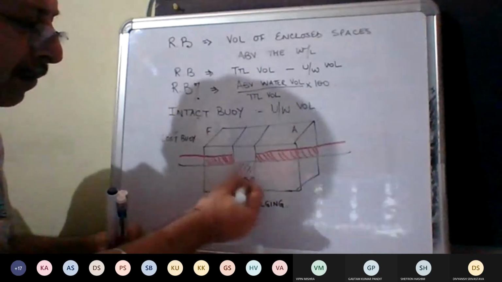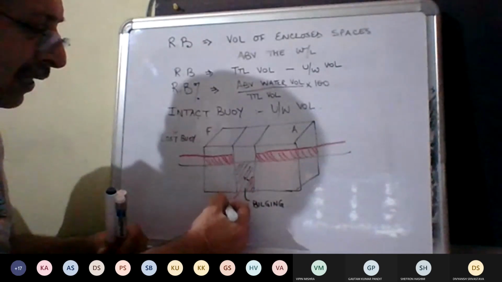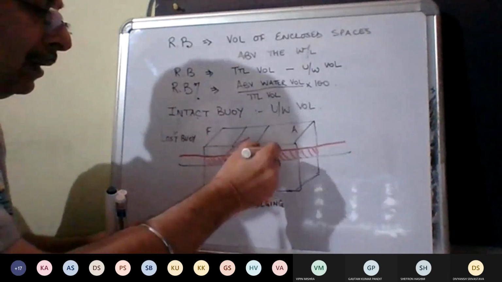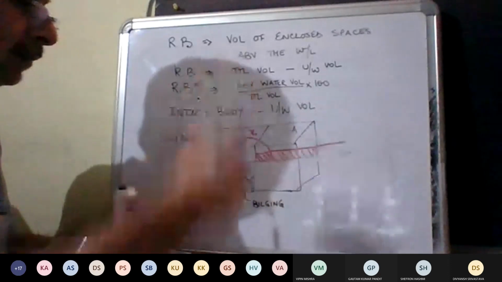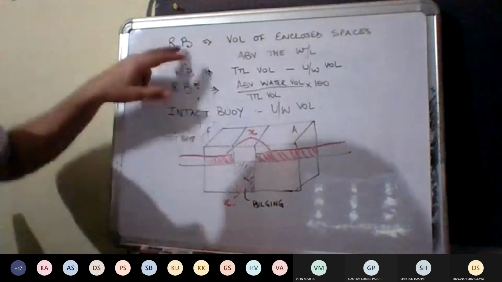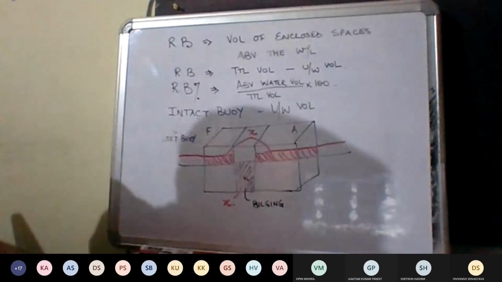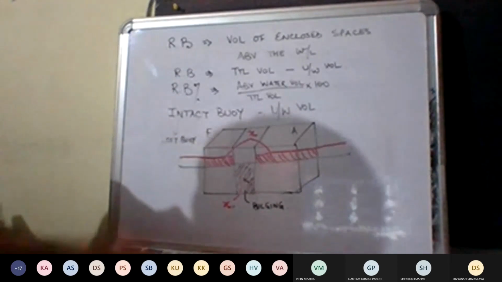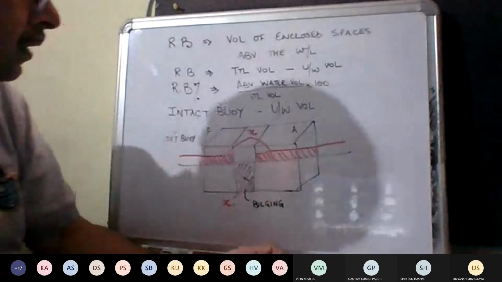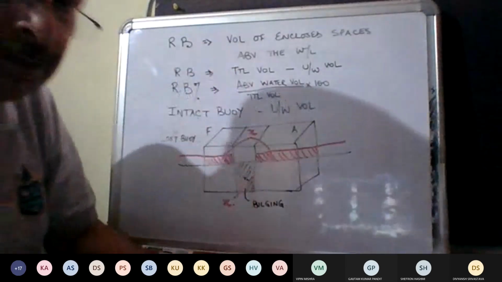If the amount of the compartment which I have lost, this lost buoyancy, is X, then this portion which I will get from reserve buoyancy will also be X. So the purpose of reserve buoyancy is to give X when I have bilging. That means I'm now in damaged stability. That is the purpose of reserve buoyancy, to be used in case of damaged stability.